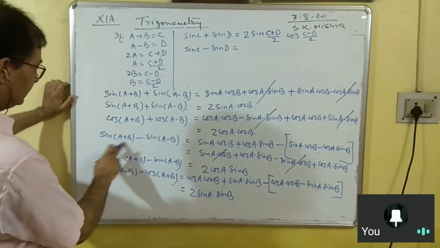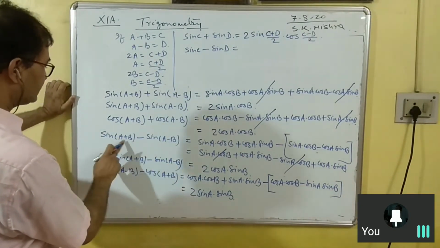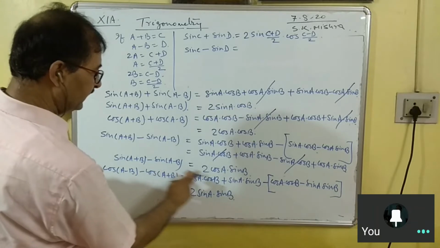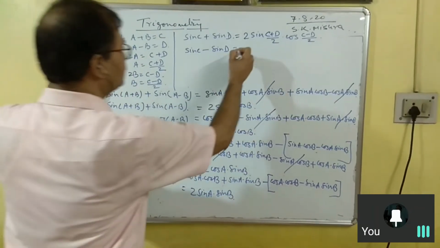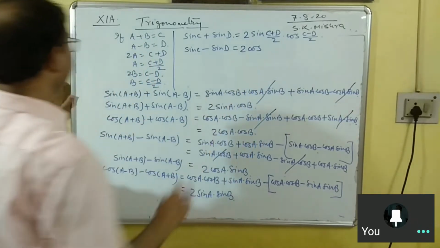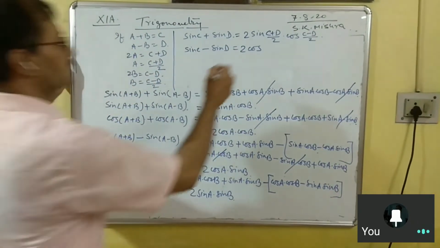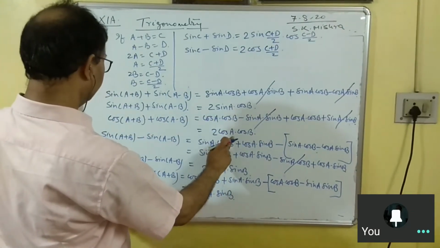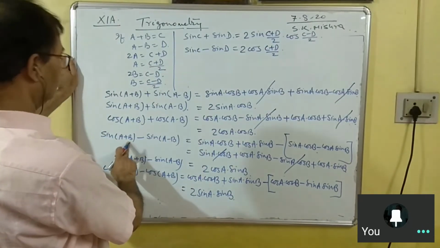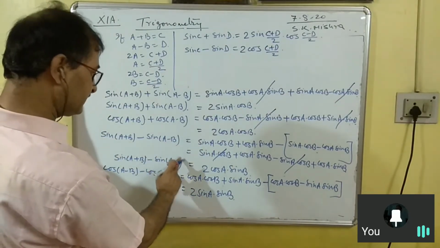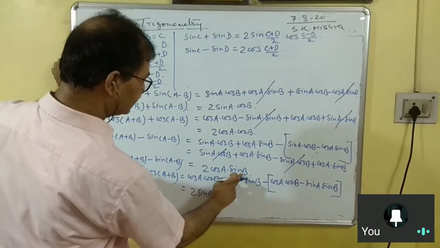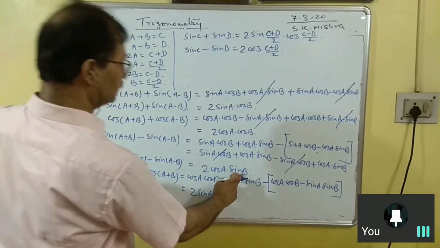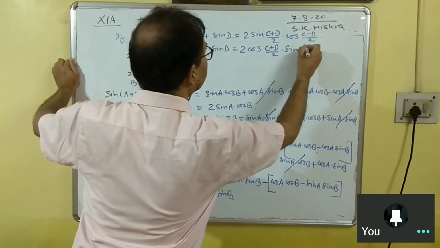The final result is sin C minus sin D is 2 cos A sin B, where A means (C plus D) by 2 and B is (C minus D) by 2.